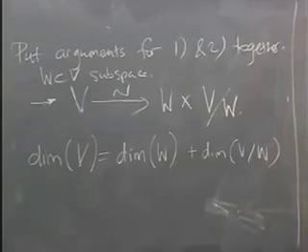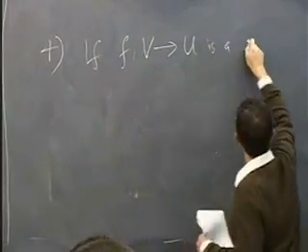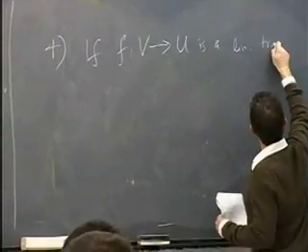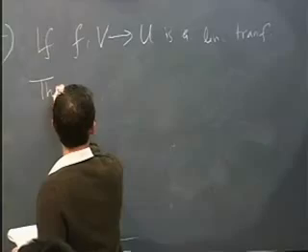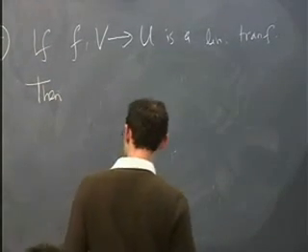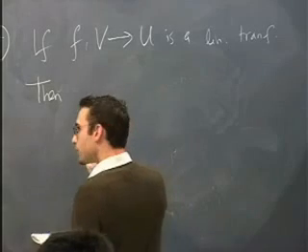So on a general linear map, if f from V to U is a linear transformation, then two things are true.